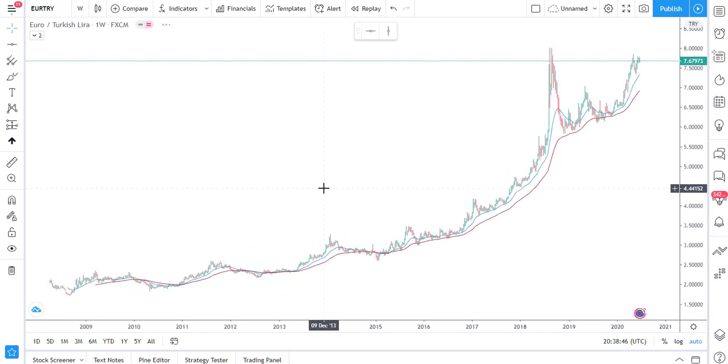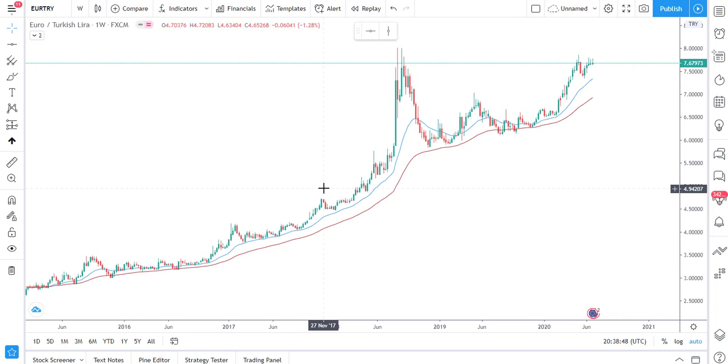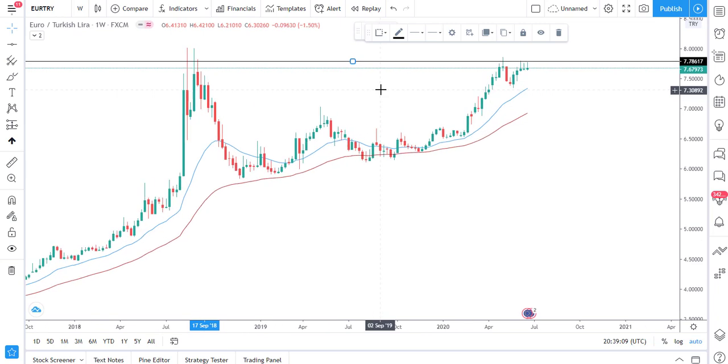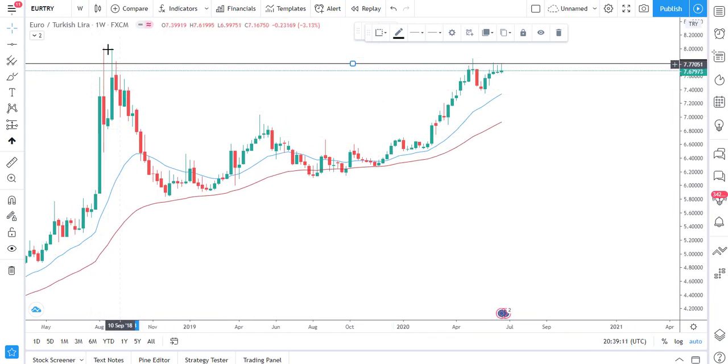What caught my interest was that we had a resistance level here, we had a resistance action here, market came back down, and now it's approaching that place, and right now it has even slowed down around that area. So I'm just going to quickly put in my resistance level, and as you can see, the market came back down and it's currently at that area.